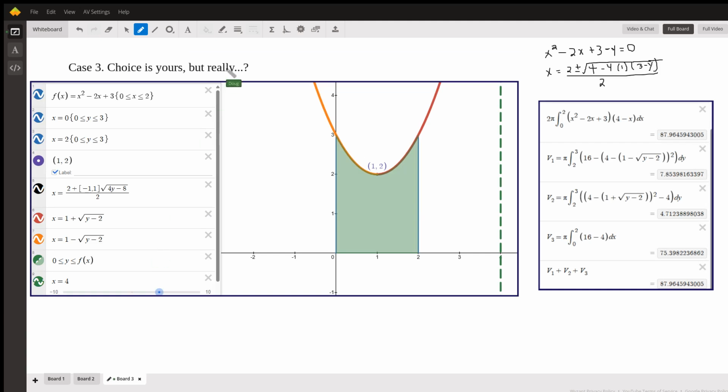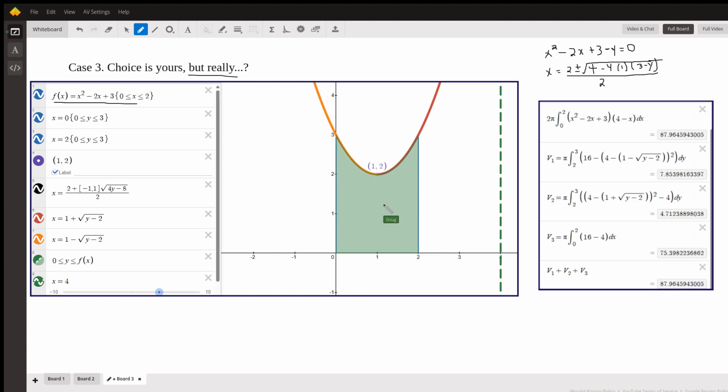And finally, to give you another example, the choice is yours, but really, are you going to use one over the other? So if I've got this parabola, x squared minus 2x plus 3, one of the boundaries is that parabola. The other boundaries are x equals 0, x equals 2, y equals 0.